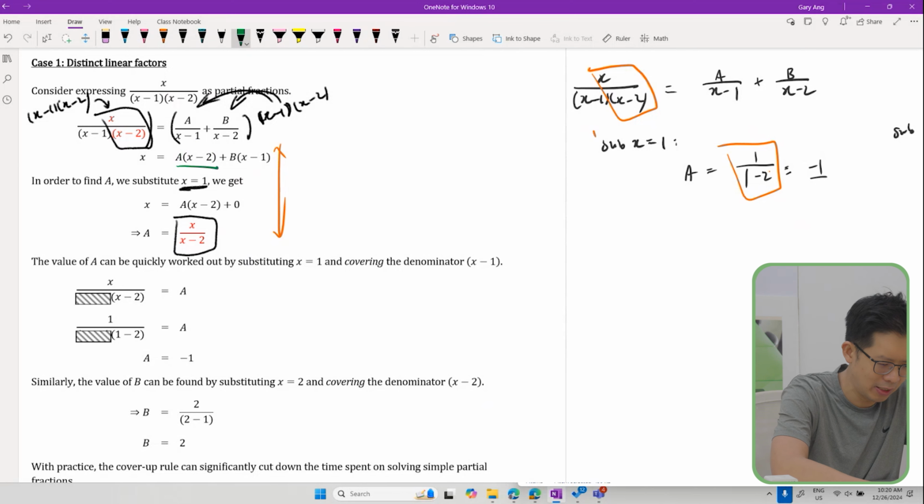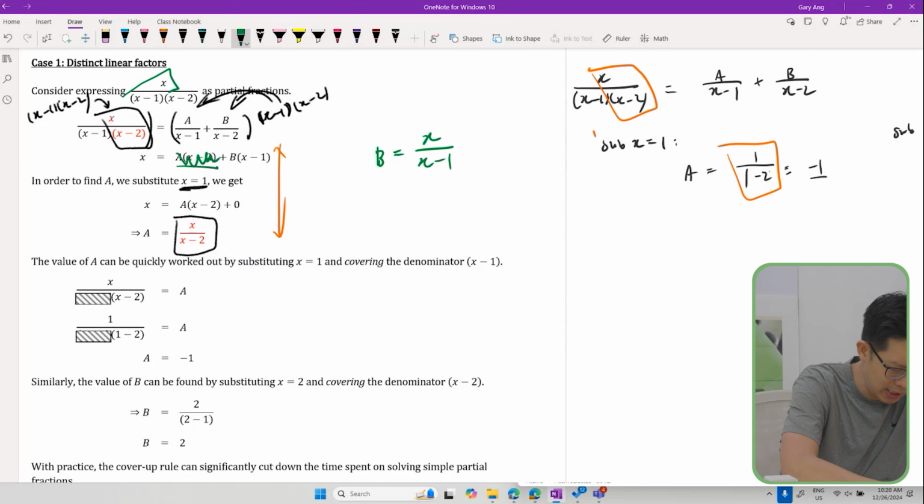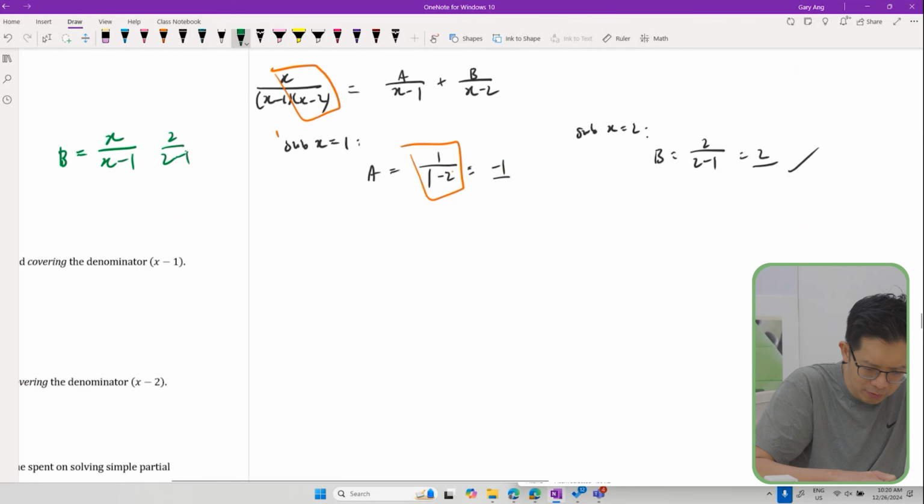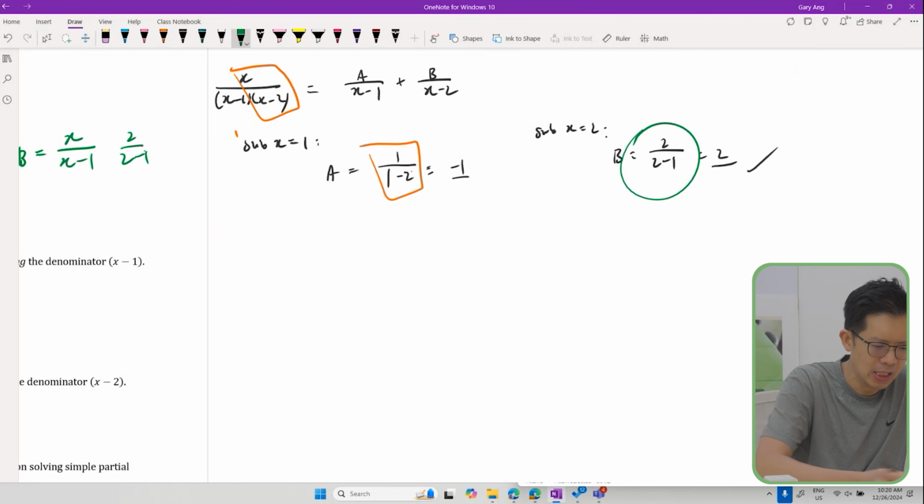So imagine in your head that this is gone. Once this is gone, the B is actually x over x minus 1, which, if you look closely, is right here. Maybe erase this and you can see it here. When x is equal to 2, you're going to get 2 over 2 minus 1, which, if you look over here, is exactly what we're seeing, right?